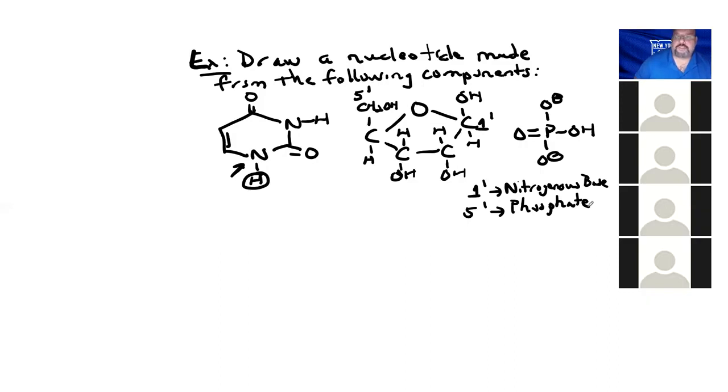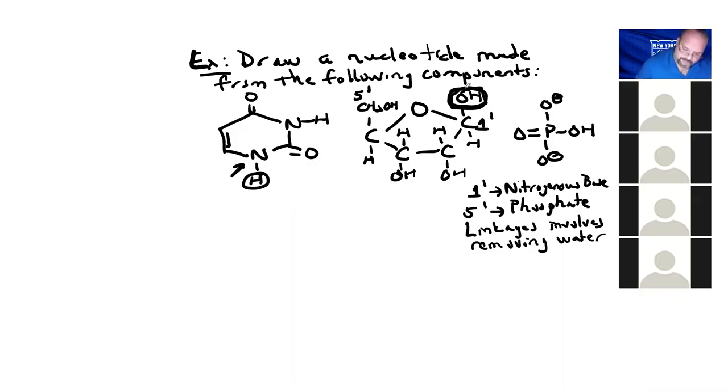Essentially, each of those linkages involve removing water. Because essentially off of carbon 1 prime, I'm going to take off the OH, and I probably should have circled that. So the OH and the H, that's going to be one water that's going to be removed.